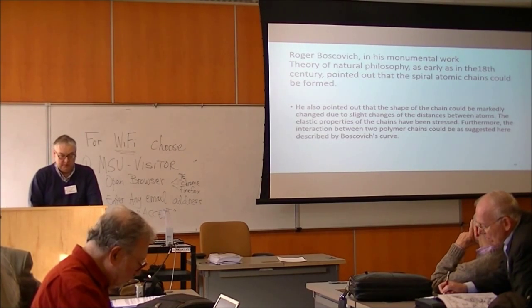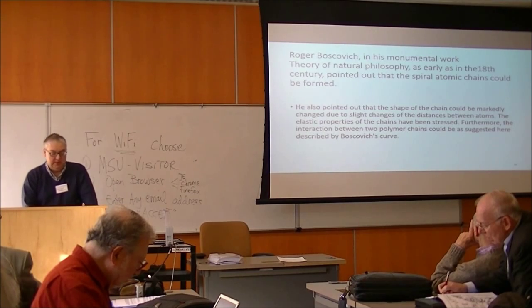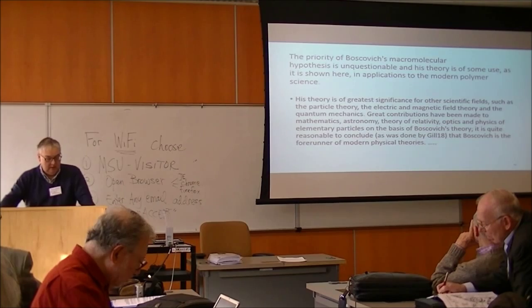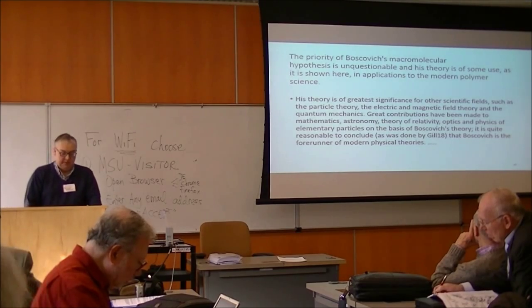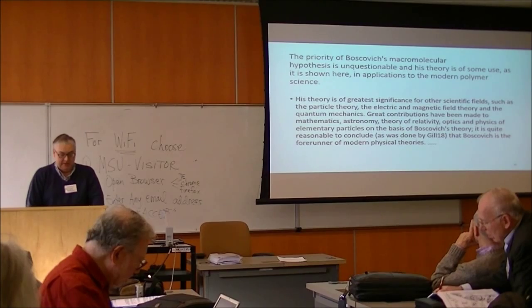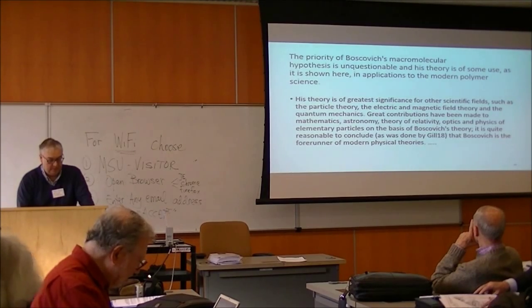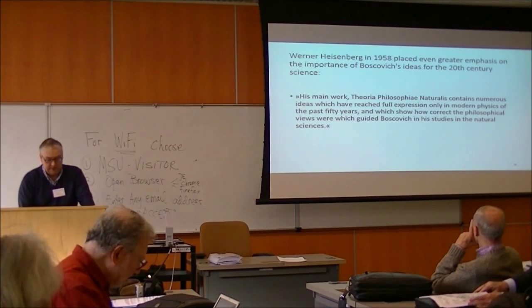So Boscovich pointed out that spiral atomic chains could be formed. And according to Dragoslav, the priority of Boscovich's macromolecular hypothesis is unquestionable, and his theory is of some use, as shown in the applications to modern polymer science, which is what Dragoslav wrote his papers about.